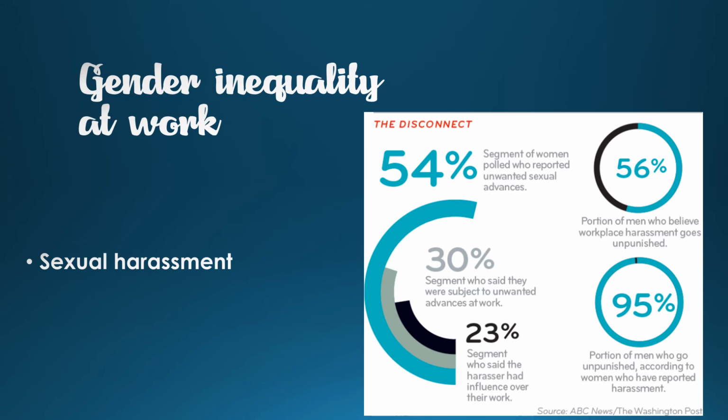So 56% of men believe that, 44% of men believe that workplace harassment goes unpunished. But what the research actually found is that only 5% of men who are perpetrators of sexual harassment do get punished. So 95% of them go unpunished.